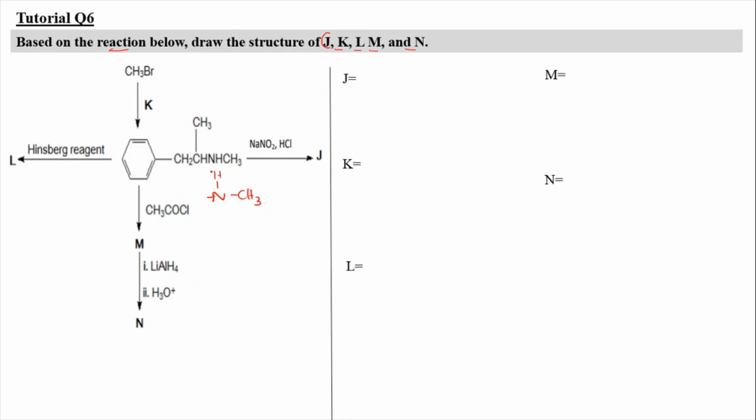Okay, and to make it easy, NHCH3, I draw it like this. The other balance here, I'm just gonna write it as R, because the R here gonna be still the same, because the reaction only happened at the functional group of amine here. Okay, so the big thing here, I'm just gonna label it as R. But for the answer, you need to write it again lah. Alright, so it's just to make things easier to explain.